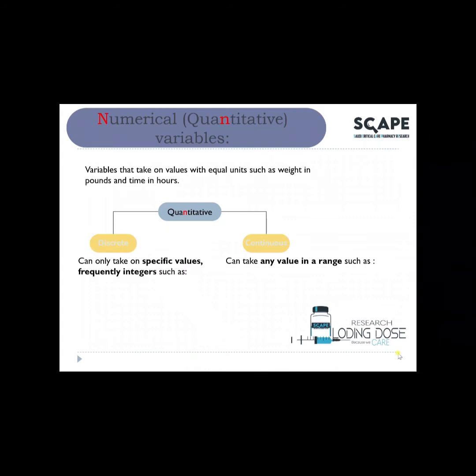We have two types of quantitative data: discrete, when it takes a specific value, such as number of pregnancies or ER visits, and continuous, if the data comes in a range, such as systolic blood pressure or body mass index.